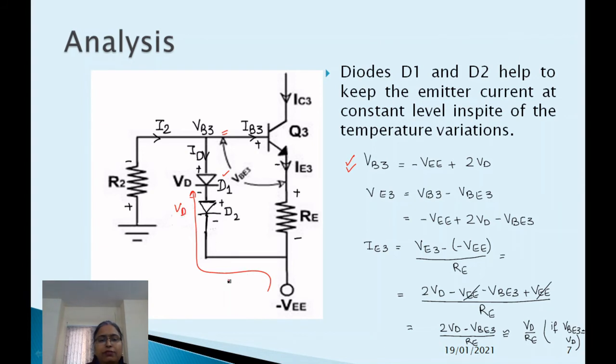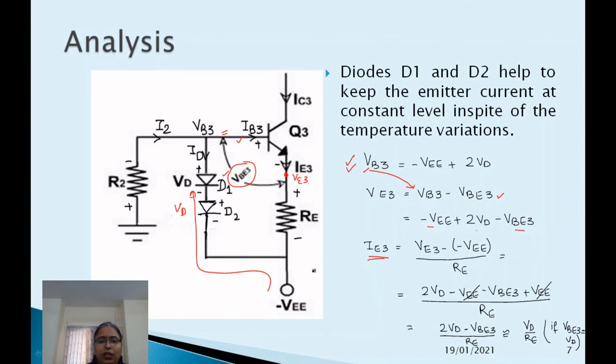So it is minus VEE plus twice VD, which is equal to VB3. And similarly VE3, which will be here, is equal to VB3 minus this VBE3. This we have already studied.